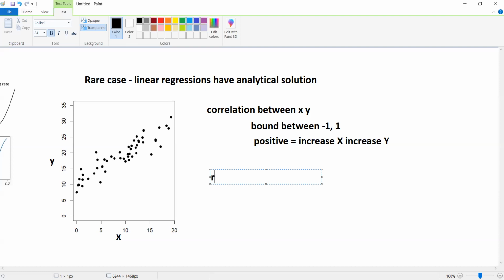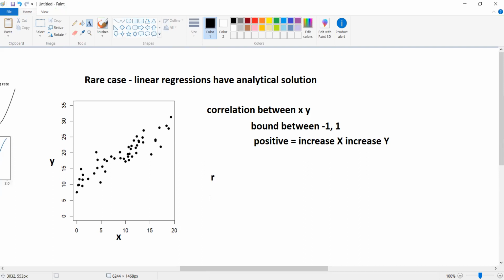So let's say we have the correlation. The correlation is the covariance divided by the standard deviations, and the covariance is the normalized X score times the normalized Y score for each XY point. I'm just going to print out the formula in a second.